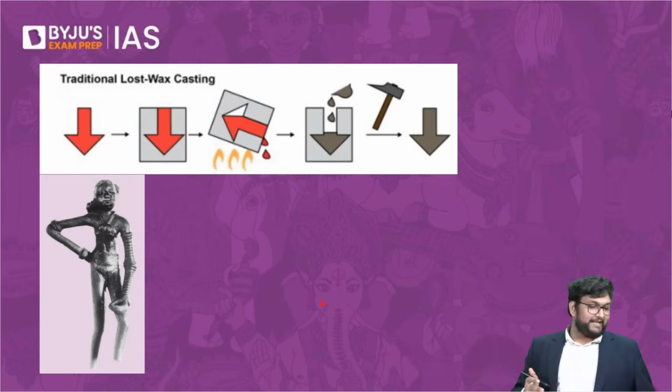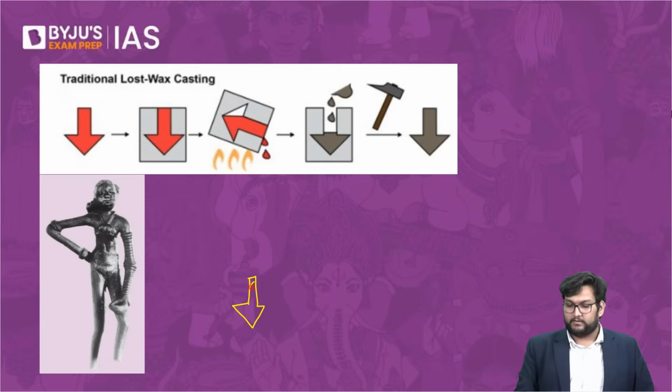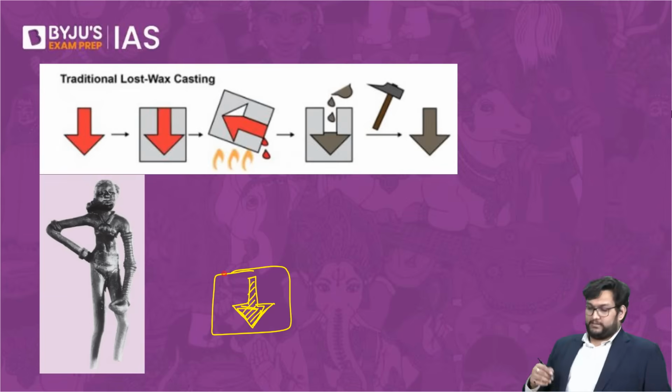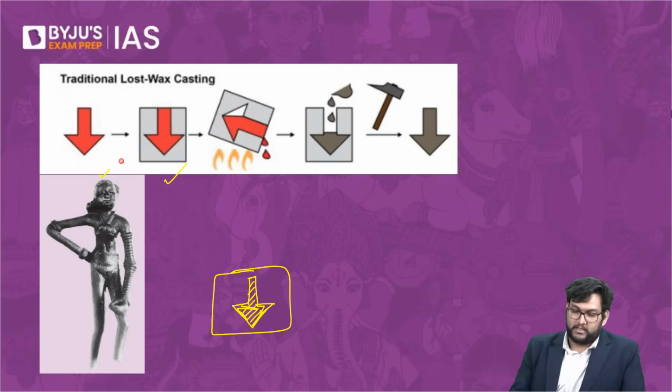Now, the idea is very simple. Why is it called lost wax? Because what you do is that you make a wax model of something. Thereafter, you mold it into a certain clay. Then, as it says here, you heat it. When you heat wax, what happens?